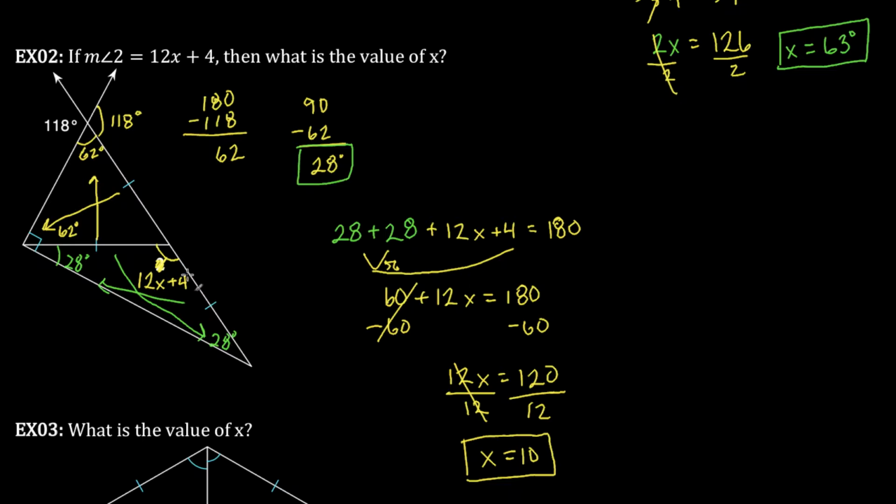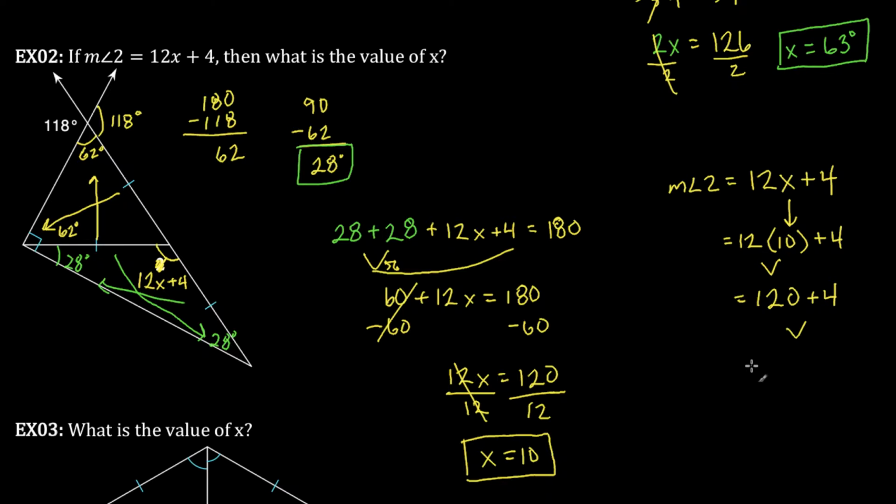So we have to figure out what angle 2 was, which is 12x plus 4. X was 10. 12 times 10 is 120, plus 4 is 124. So the measure of angle 2 is 124 degrees.